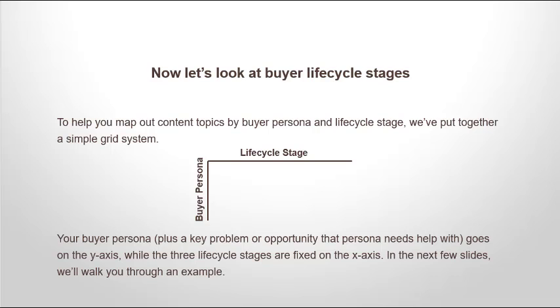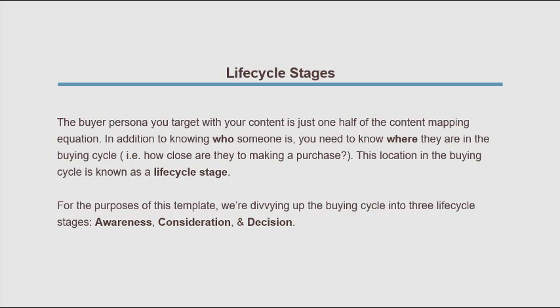Now let's look at buyer life cycle. So there are 3 life cycle stages: awareness, consideration, and decision. You need to know where a person is in their buying cycle so that you can address their needs most accurately.